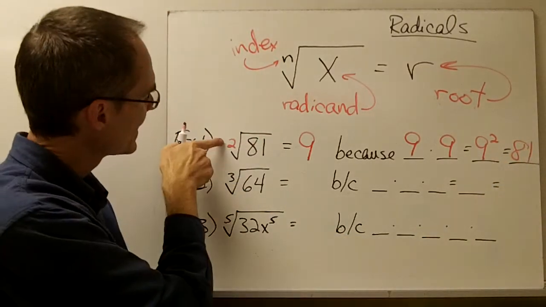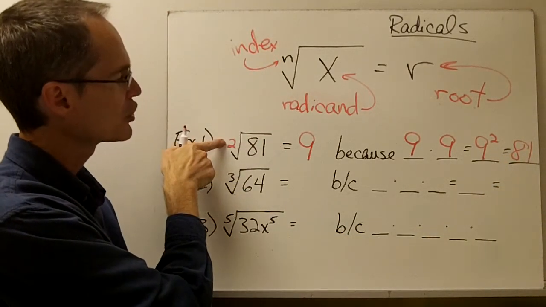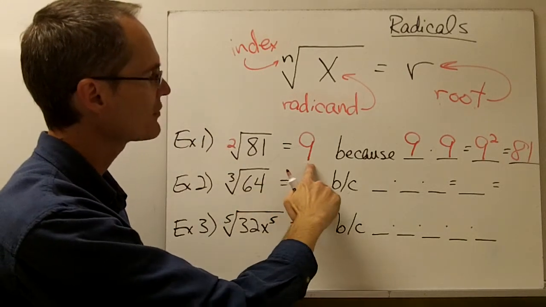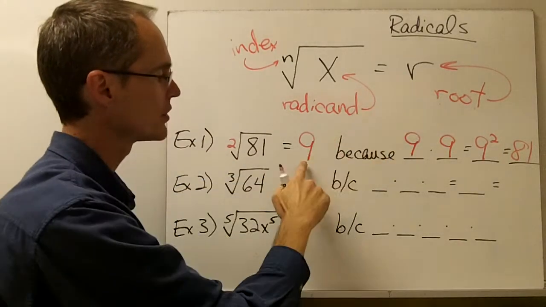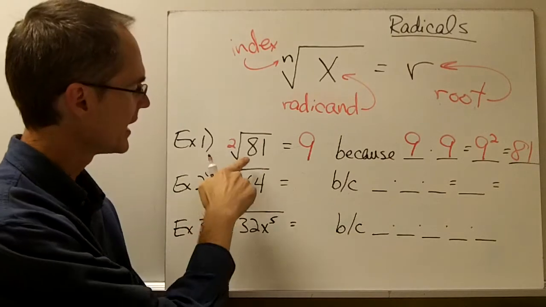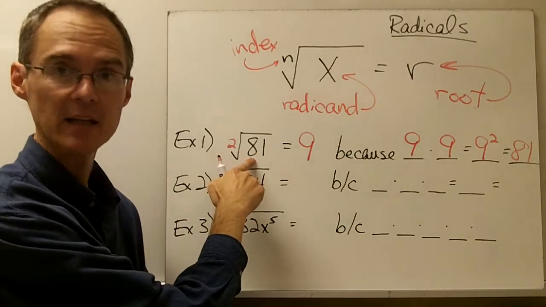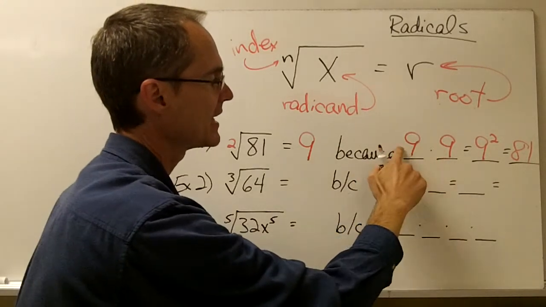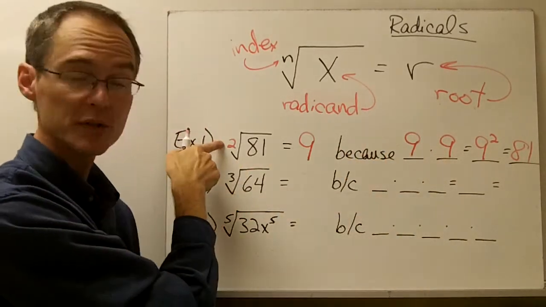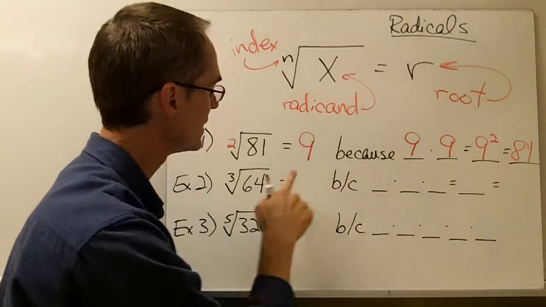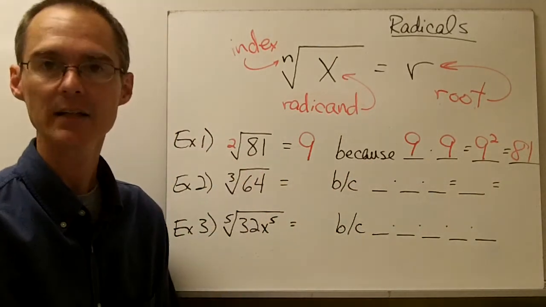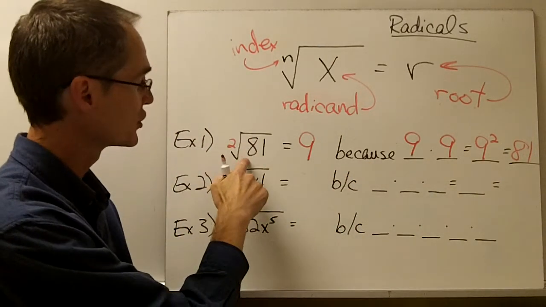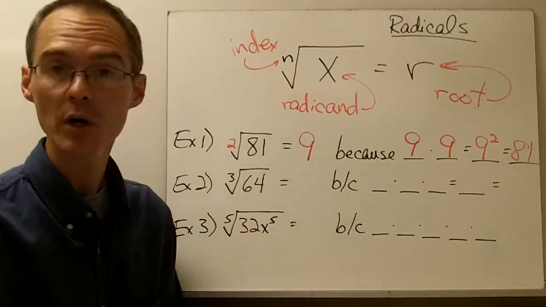In other words, the index tells you how many times you have to multiply the root times itself in order to get the radicand. In this case, my root is 9. I have to multiply 9 times itself 2 times to get the radicand. That's what it means to take the square root of 81.